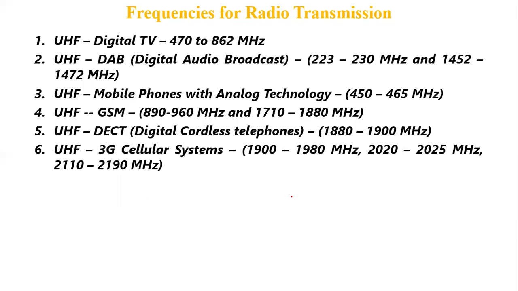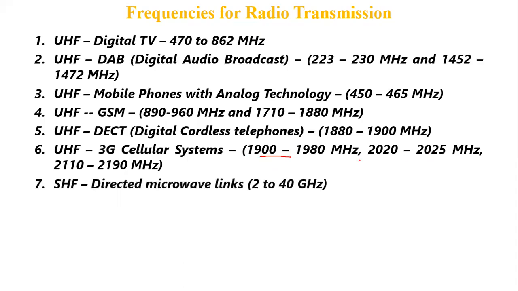And 3G cellular systems are also working in UHF in these bands: 1900 to 1980 megahertz, 2020 to 2025 megahertz, and 2110 to 2190 megahertz.